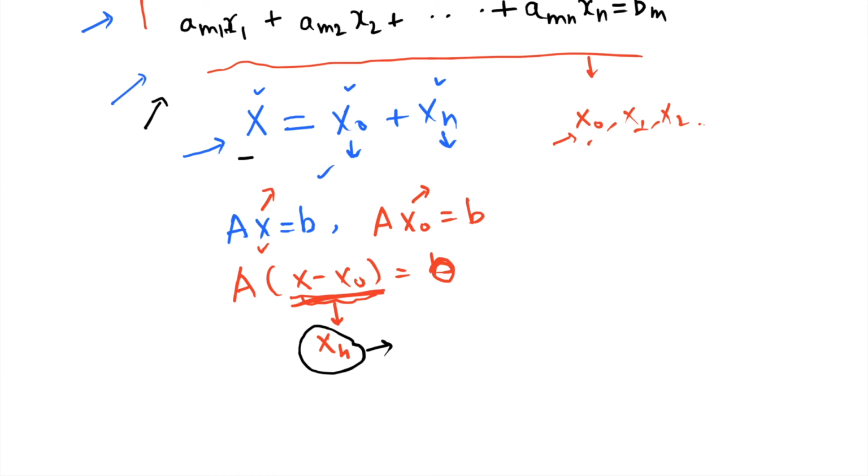So this is indeed true. If this is true, it means that xh, the solution for the corresponding homogeneous system, is present in any solution x for the non-homogeneous case. Hence this completes the proof, and the reason why we were interested in investigating the solutions for the homogeneous system of linear equations.